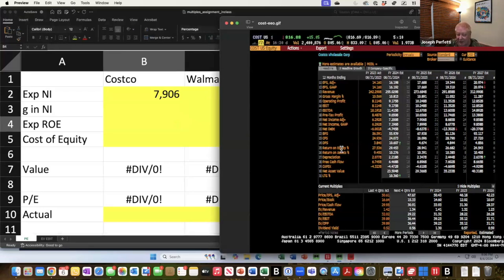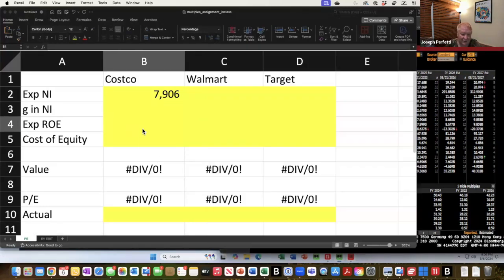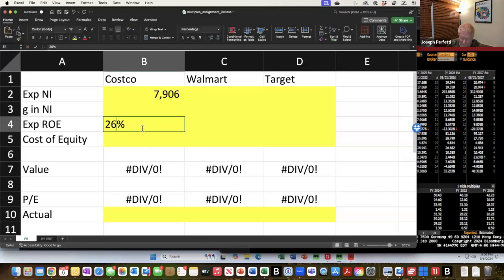Last year, Costco's actual return on equity was 27.5%, then 29, 29, 27, 25. Costco's been pretty consistent over time, so I think somewhere between 25 and 26 might be reasonable. So I'm going to use 26 for their long-term return on equity.